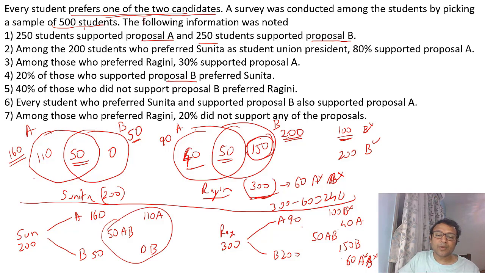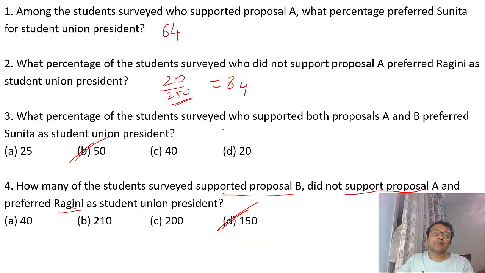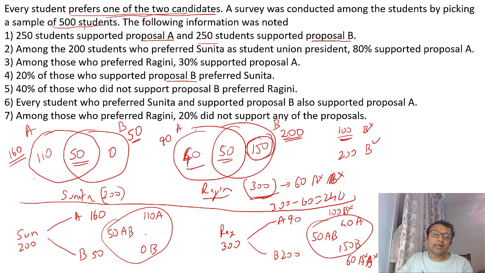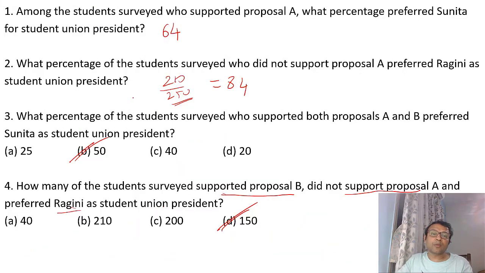I've got this data. Now answering the questions is not difficult. Same thing. So what percent preferred Sunita? You can clearly make out that it is 160 out of 250. Again going back, what percent of students surveyed who did not support proposal A preferred Ragini?